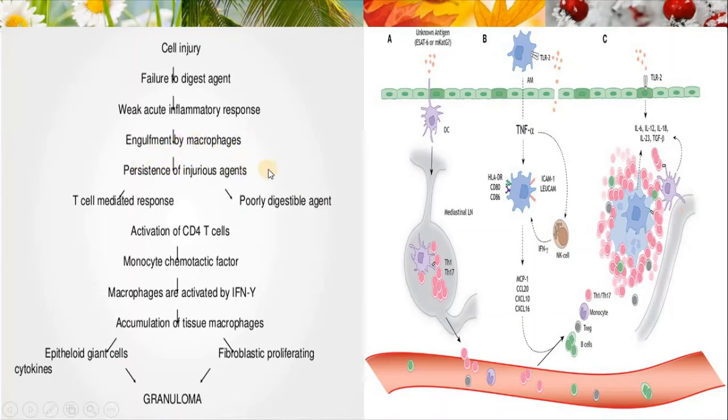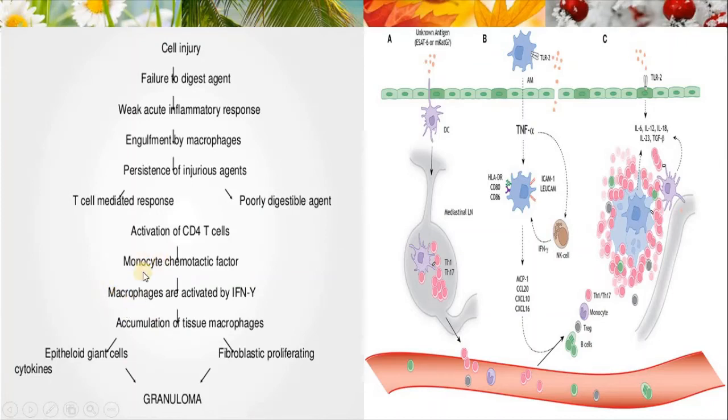Their proliferation causes some release of cytokine, so more T cells become activated and recruited. This recruitment also secretes some chemoattractive factor like interferon gamma, and interferon gamma in reverse recruits more macrophages.